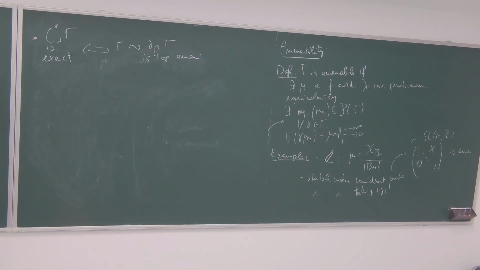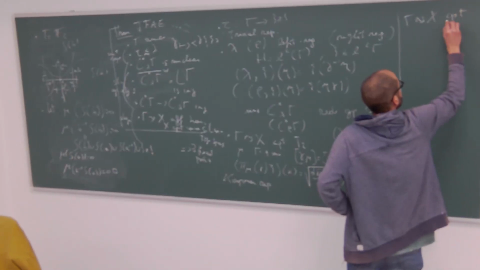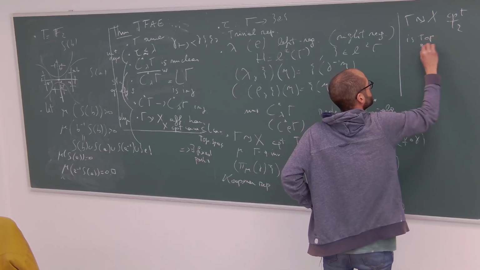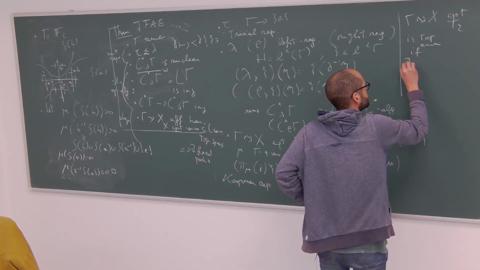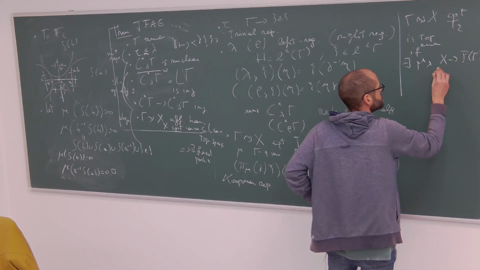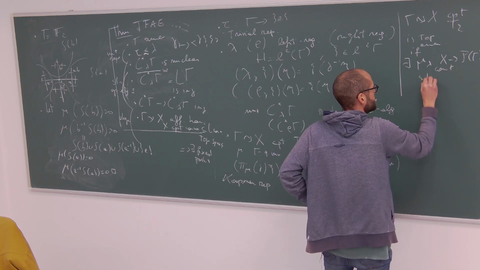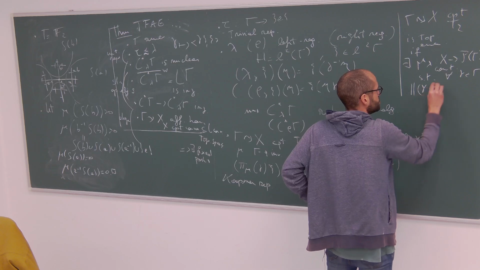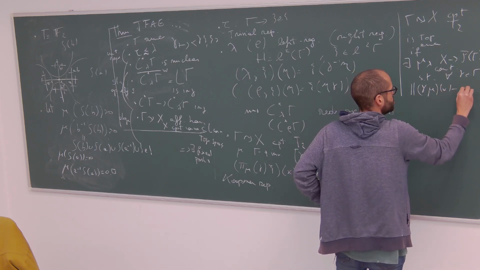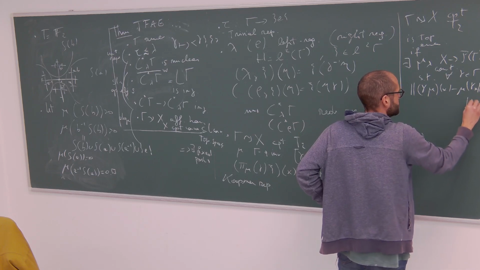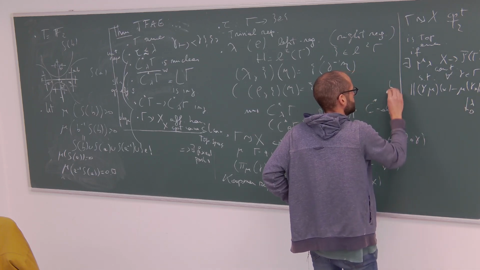So if you act on a space X, compact Hausdorff, then this action is topologically amenable if there exists a net of maps from X to the probability measures, which are continuous, and such that for every element in gamma, the norm of gamma mu_x minus mu_{gamma x} goes to 0 with respect to the net.